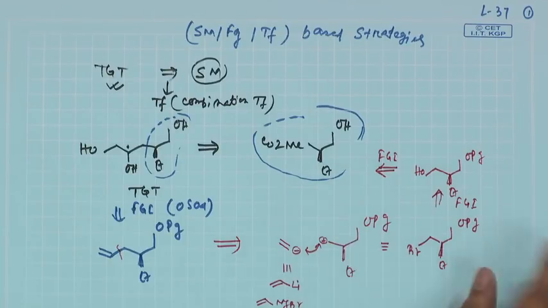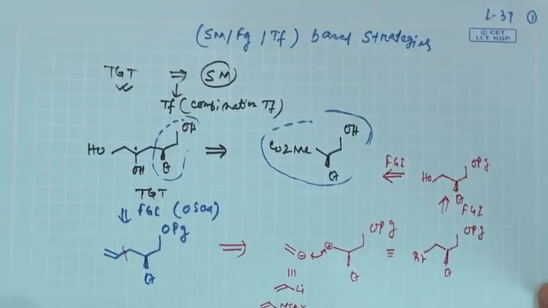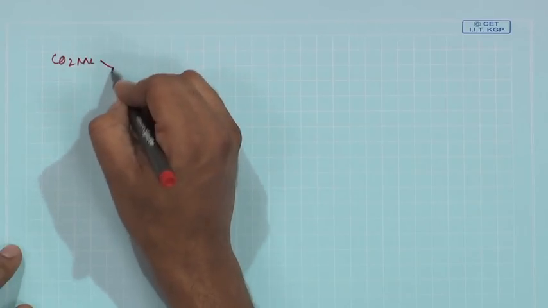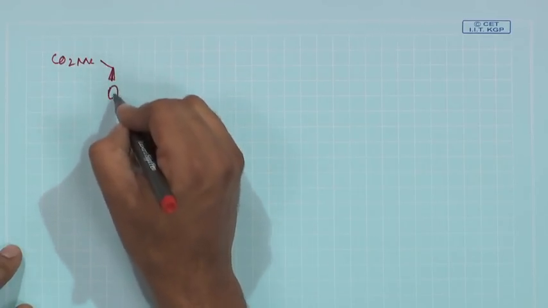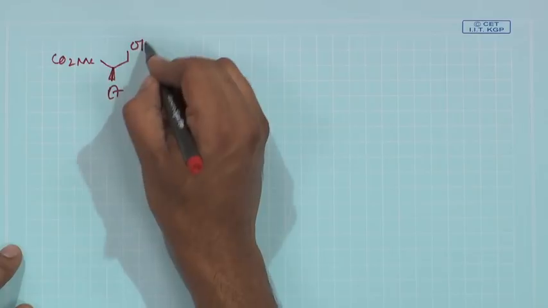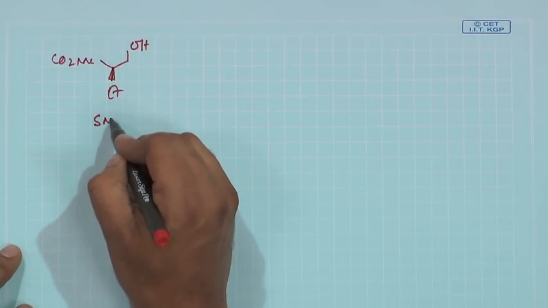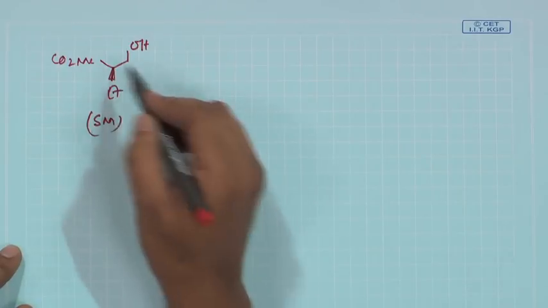So, starting material is basically here. Now, as I said initially we need to protect the free hydroxy group. So, your starting material is this and you are having this hydroxymethyl compound.